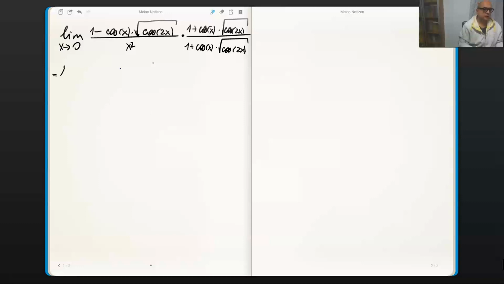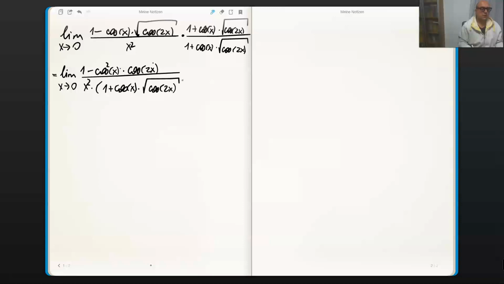So what we're going to get is the limit x towards 0, and now you see we have one of the binomial formulas in the numerator, so we're having 1 minus cosine squared of x times, well, if we square the square root, it's going to be just cosine of 2x, divided over x squared times 1 plus cosine of x times the square root of cosine of 2x.